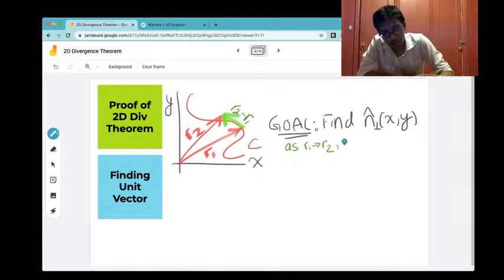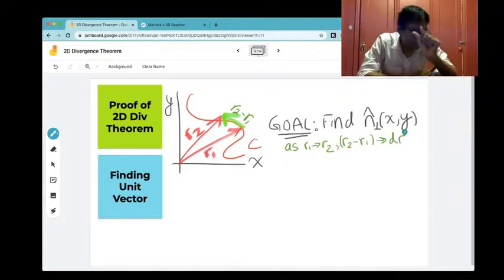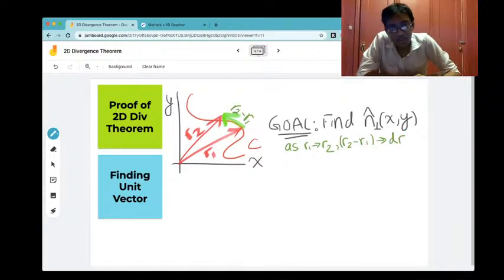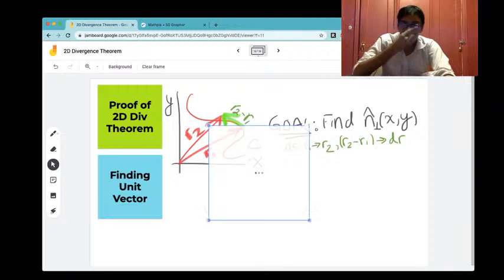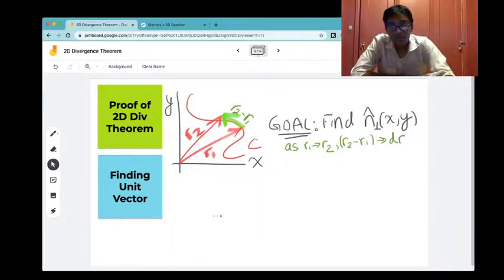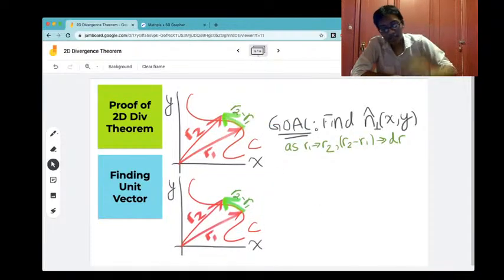R2 minus r1 is going to approach the differential vector, an infinitesimally small change in our position, which I'll denote as dr. So at some point, this is going to become what? Let's actually copy and paste this so that I don't have to do my work again. So at some point, when r1 approaches r2 to a sufficiently small margin, then r2 minus r1 is simply going to become dr, an infinitesimally small change in our position vector.